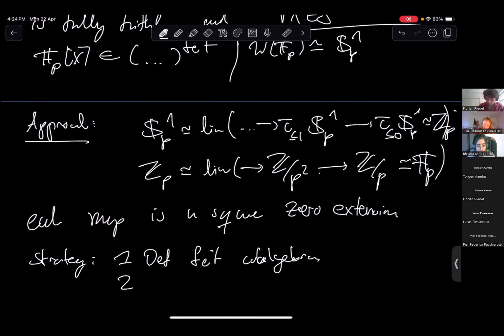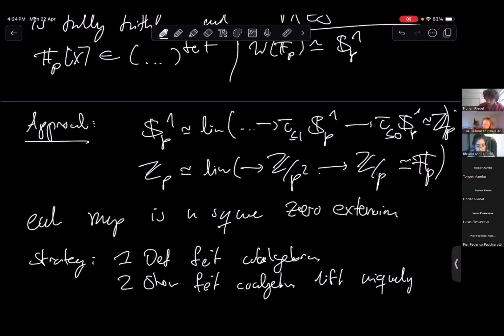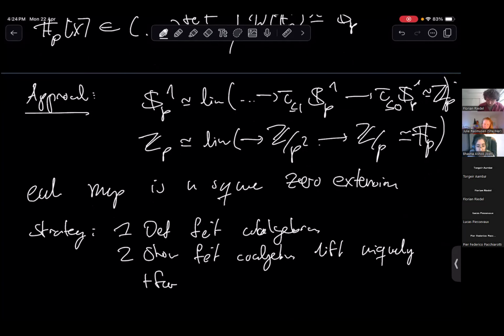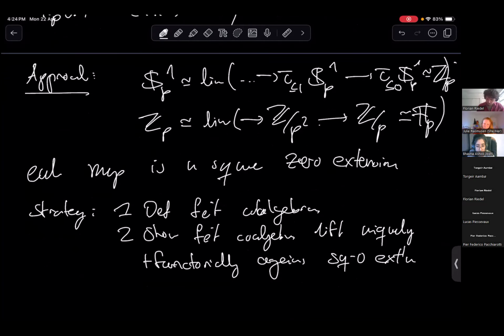Second, show that formally etale coalgebras lift uniquely and functorially against square zero extensions, which I will abbreviate terribly like this. And then the last step is, of course, showing that the homology of a space is formally etale.